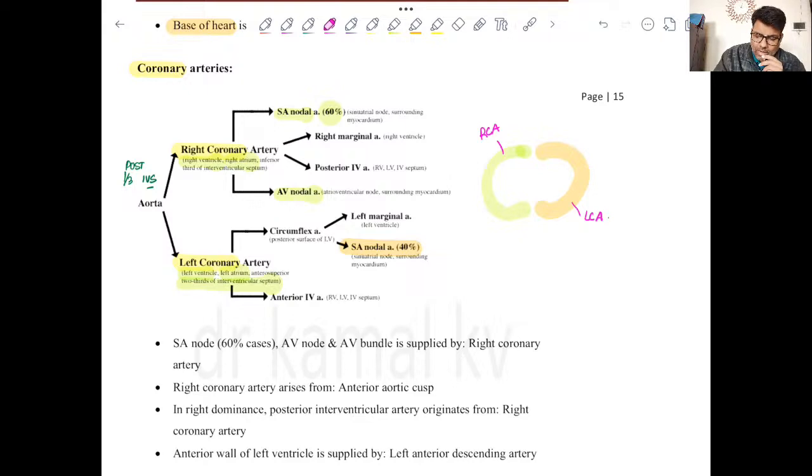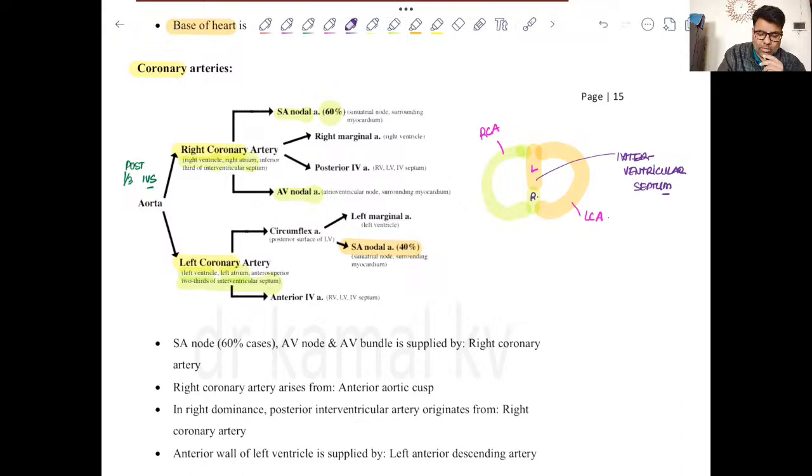Now the anterior 2/3 of the interventricular septum is left coronary artery, and the posterior 1/3 of the interventricular septum is all right coronary artery. Clear?